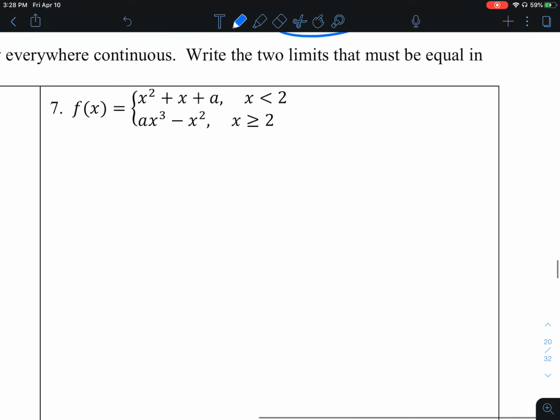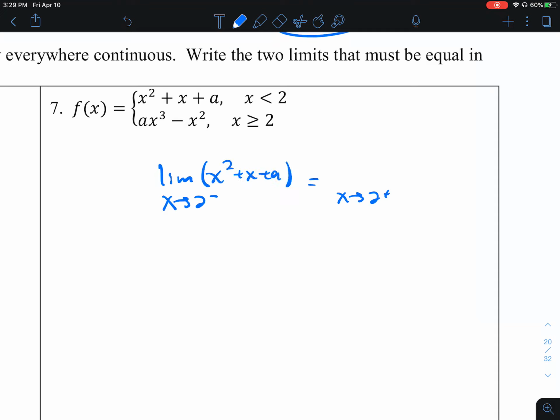Pardon me. Number 7. For this to be continuous, where this domain breaks apart here at 2, if you approach 2 from the left, or if you approach 2 from the right, these limits should be equal. To evaluate the limits, we're going to put 2 in for x.